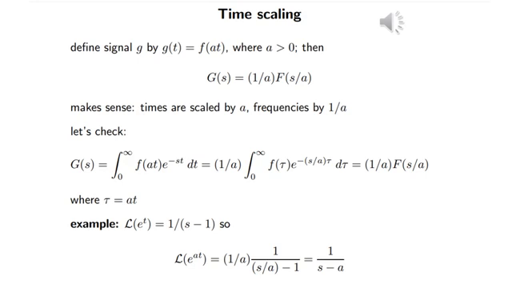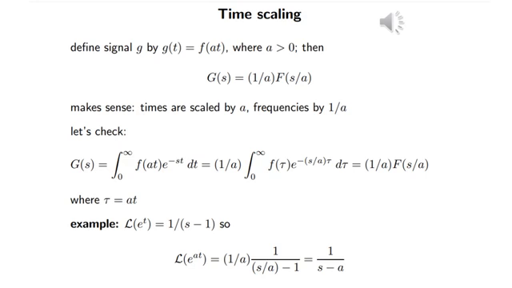So if tau is equivalent to a times t, then everything is changed. Now the 1 over a comes out of the integration as a constant, and it is integration from 0 to infinity, the same, of f(tau) e^(-(s divided by a) tau) d tau, and the answer is 1 over a times F(s over a), where tau is a times t.